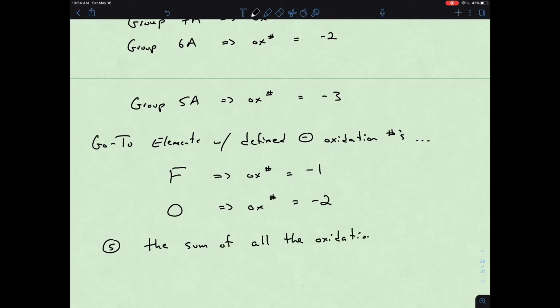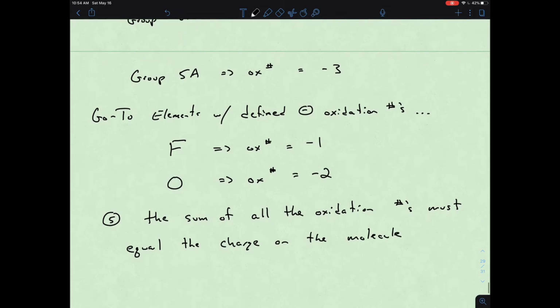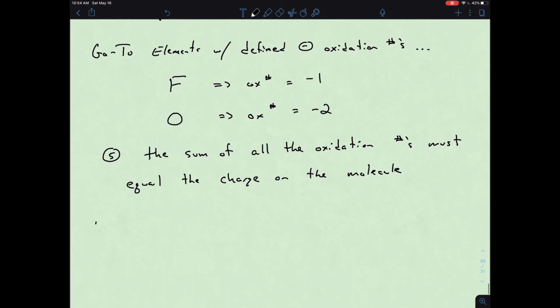And then finally, the sum of all the oxidation numbers must equal the charge on the molecule. So let's do some examples of just assigning oxidation numbers.